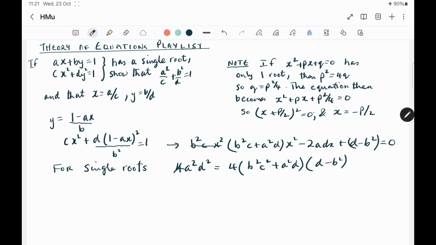The 4's conveniently cancel out, and we'll simplify that now.